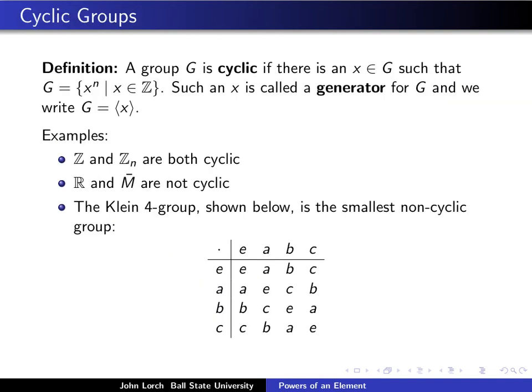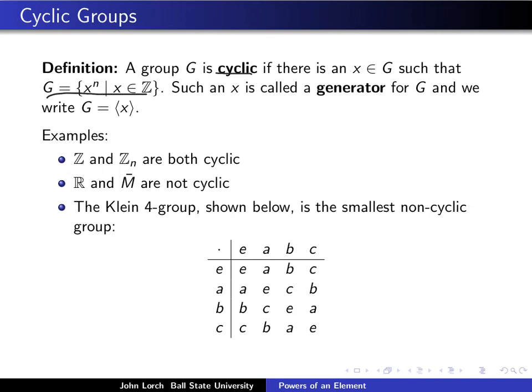Sometimes when we look in a group, we can find an element in that group where if we just take powers of that one single element, we get the entire group from those powers of that one element. Groups like that are called cyclic groups. Every element in a cyclic group is a power of some single element x.